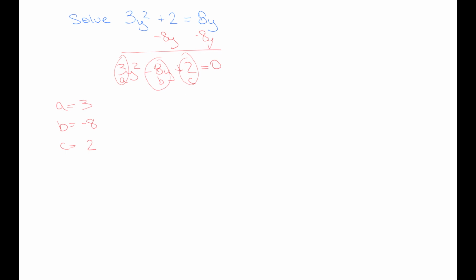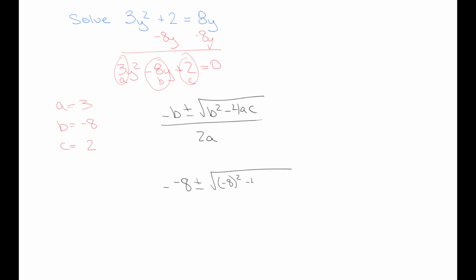Then we plug that in the quadratic formula, which is negative b plus or minus the square root of b squared minus 4ac all over 2a. I have a negative b, so b is already negative, so I'm going to have a double negative, which we know is going to turn into a positive 8, plus or minus the square root of b squared minus 4ac all over 2a.